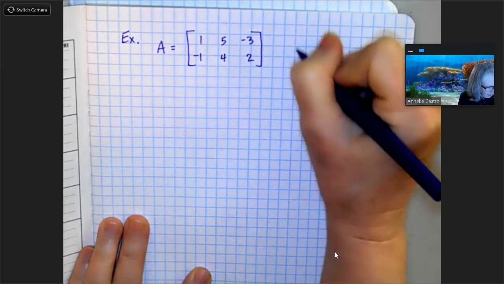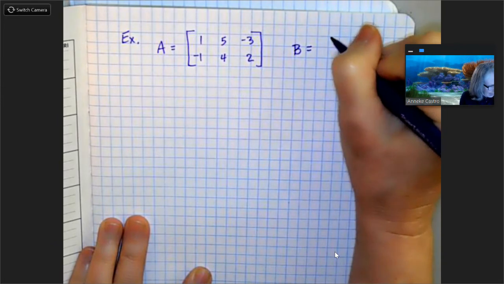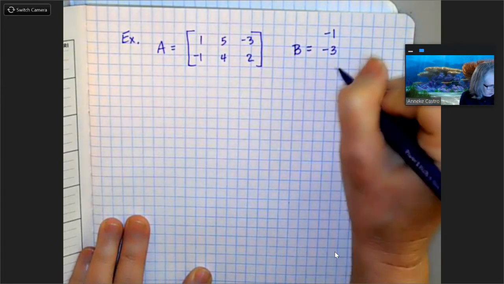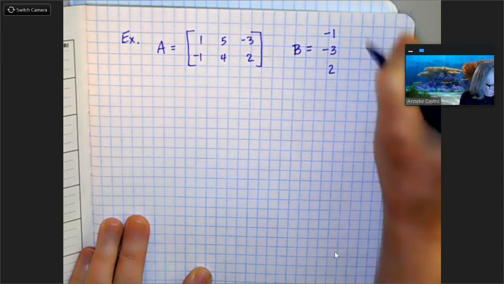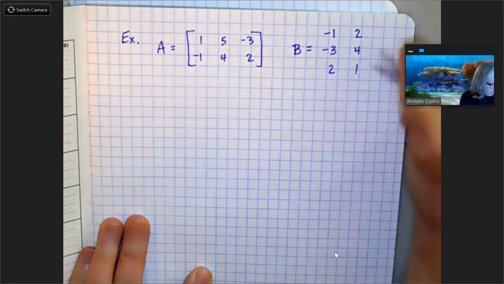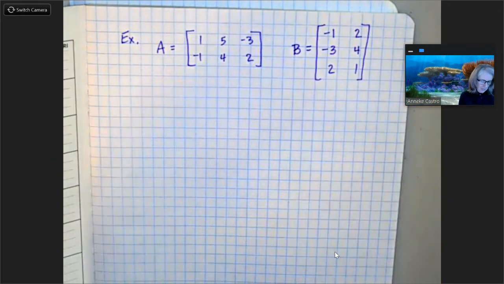And I'm going to have matrix B, which is going to be equal to -1, -3, and 2, and then 2, 4, and 1. So here are my 2 matrices, A and B.